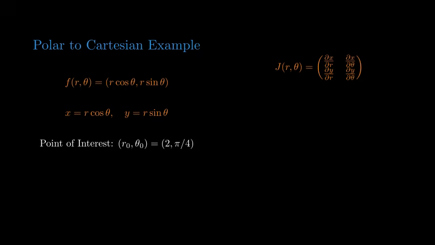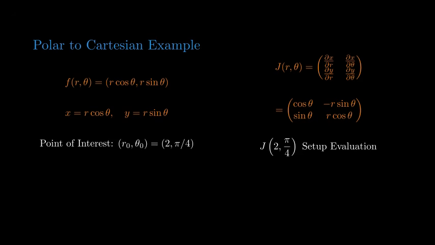The cosine of pi over 4 is the square root of 2 over 2. So 2 times the cosine of pi over 4 is the square root of 2, and negative r times the sine of pi over 4 evaluates to negative 2 times the square root of 2 over 2, which simplifies to negative the square root of 2.